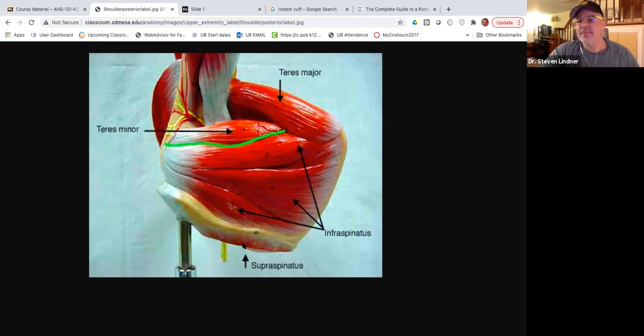A lot of people in baseball that are pitchers will often tear the Teres Minor because the Teres Minor is an external rotator. And if you think of a baseball pitch, when they start from this position and they throw and accelerate the ball, that mechanism is internal rotation. So what is stopping a pitch at 100 miles an hour is not an internal rotator.